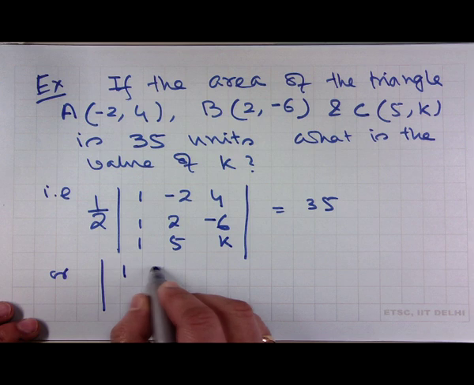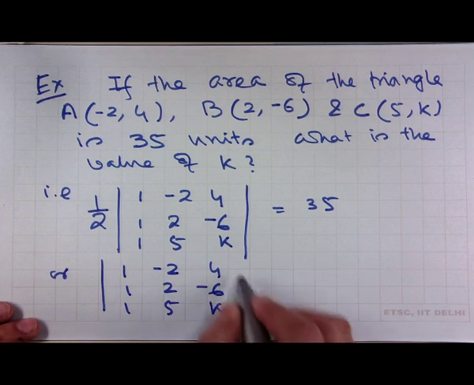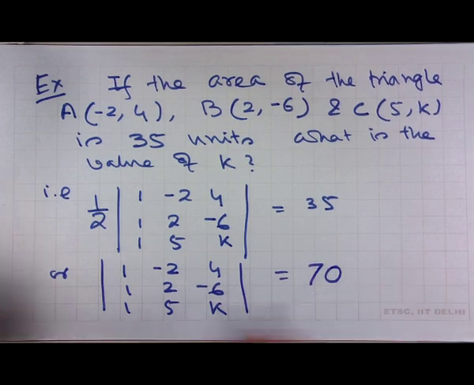Or the determinant of [1 -2 4; 1 2 -6; 1 5 k] is equal to 70.